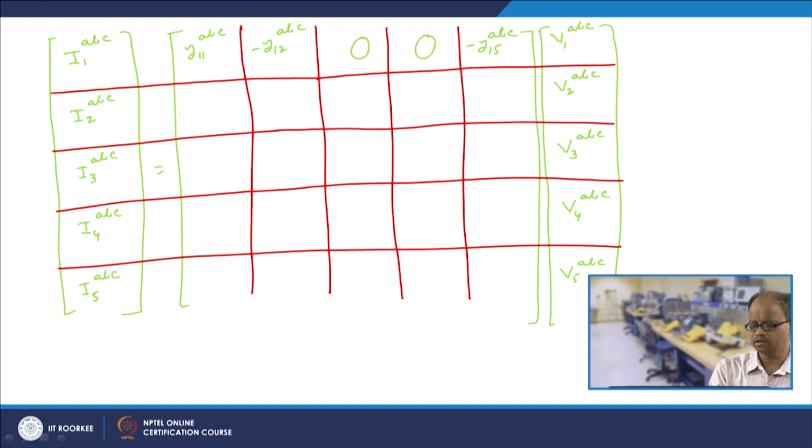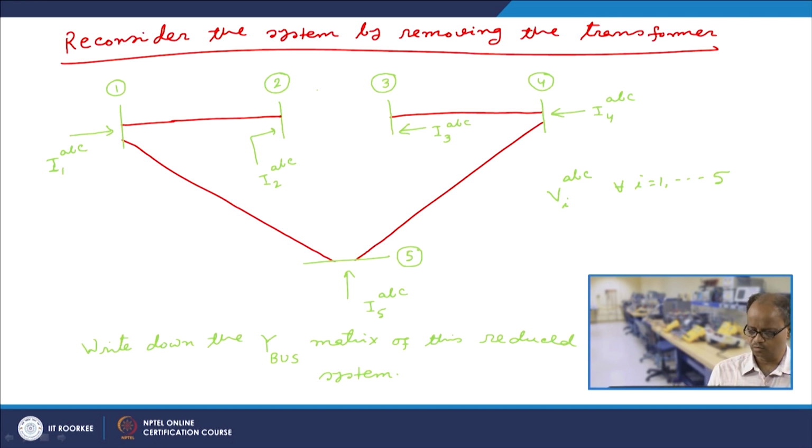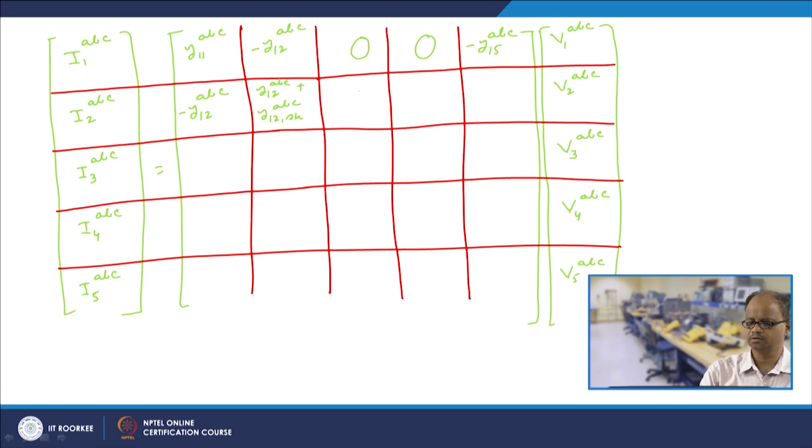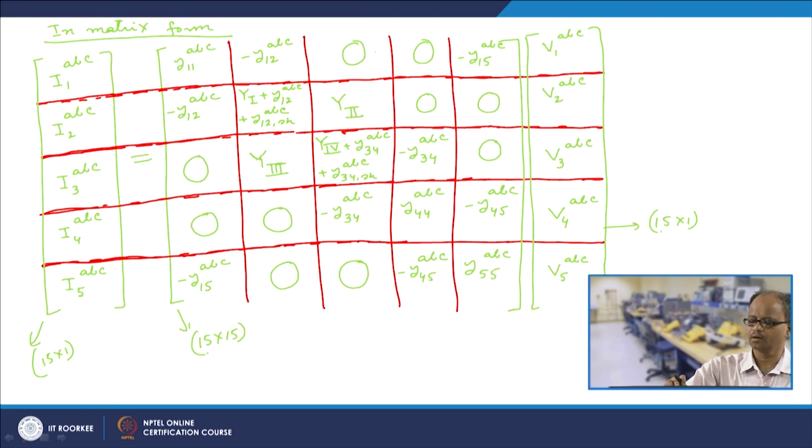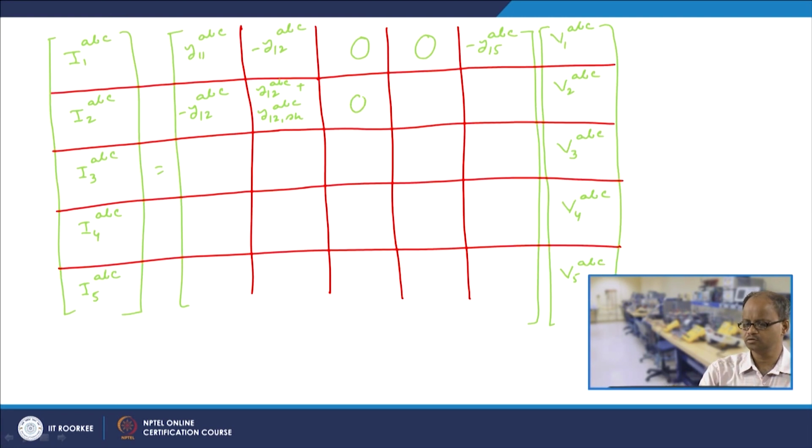For I2, the entries are minus Y12 ABC, and then Y12 ABC plus Y12 shunt ABC. This is only connected to bus 1, it is not connected to anywhere else directly, so all the others would be 0.